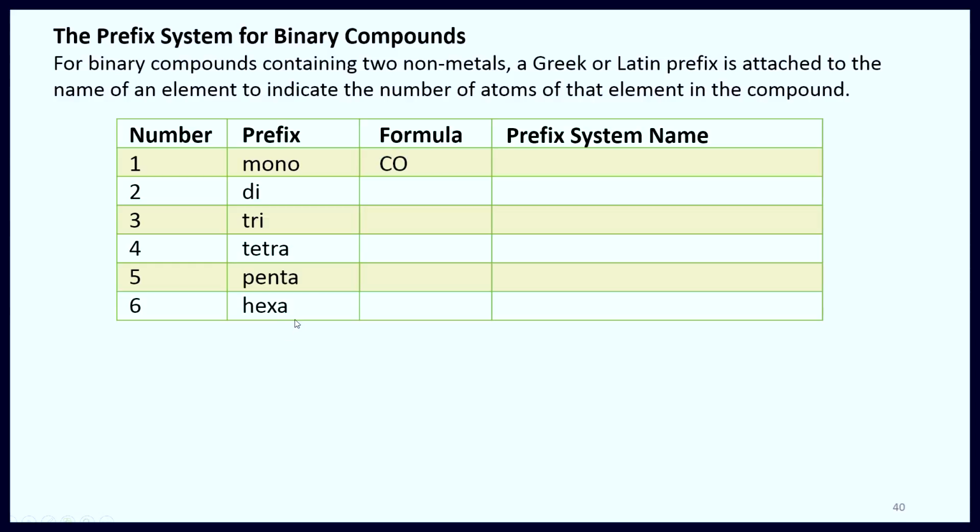So let's look at some examples using the prefix system. CO is named carbon monoxide, and CO2 is named carbon dioxide. Perhaps these are familiar to you. SO3 is named sulfur trioxide. CCl4 is named carbon tetrachloride.